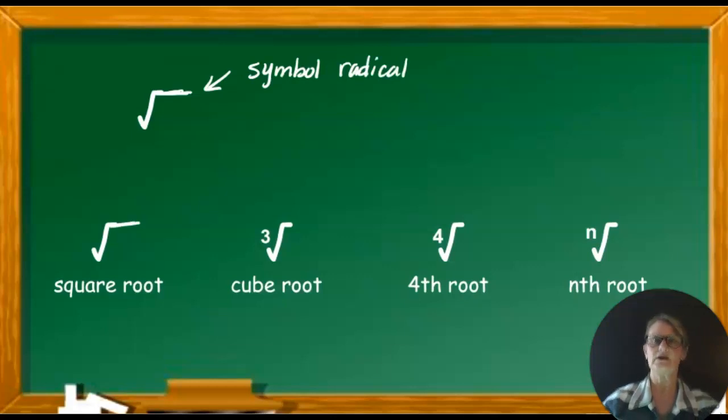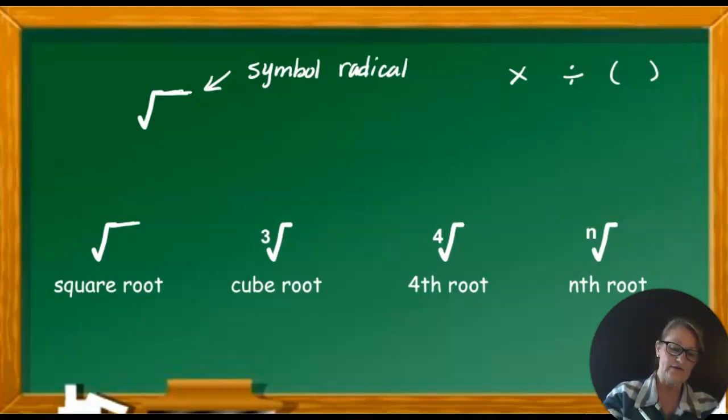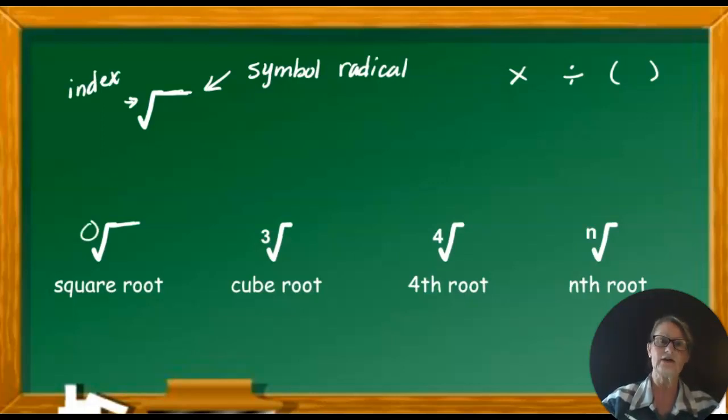It's kind of like this is called the multiplication symbol, this is called the division symbol, and these are parentheses, which are grouping symbols. It is just a symbol. What that symbol means depends on what is in this location here, which is called the index. Where there is nothing in this area, we don't write anything there.